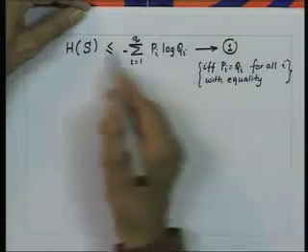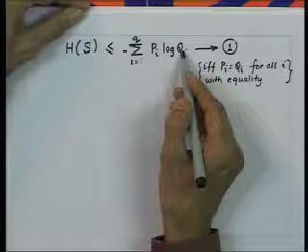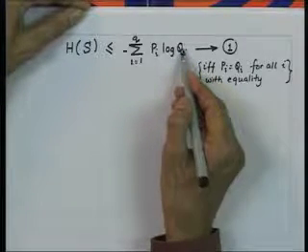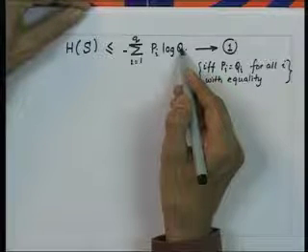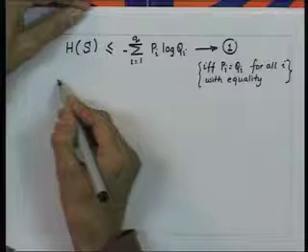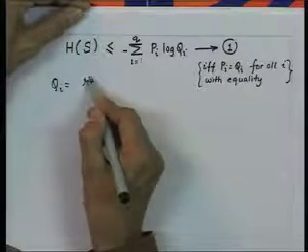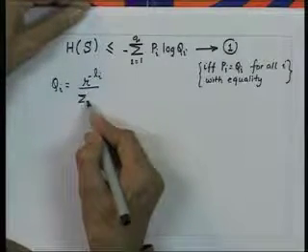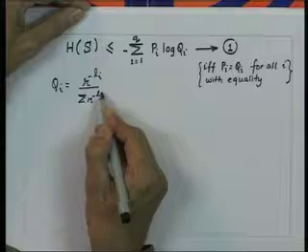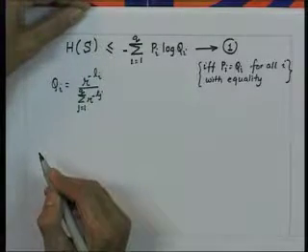Now, equation 1 is valid for any set of non-negative numbers Qi which sum to 1. We may therefore choose Qi to be r to the power minus Li over the summation of r to the power minus Lj, j equal to 1 to q.